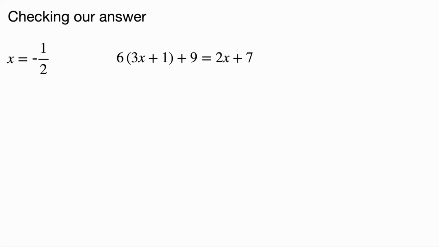Now let us check our answer. We begin with what we found, the answer of -1/2, and with the original equation 6 times (3x plus 1) in parentheses plus 9 equals 2x plus 7. First I change the parentheses to brackets to make this a little bit more readable, and we will soon substitute x with -1/2.